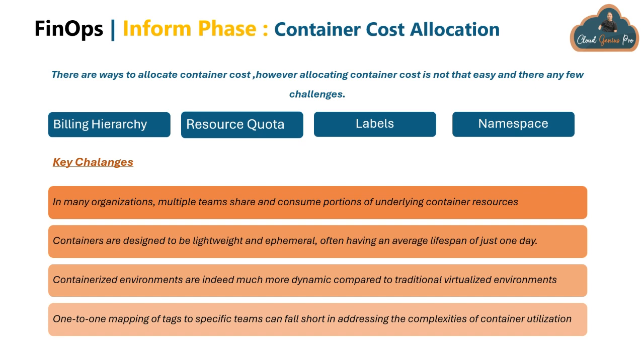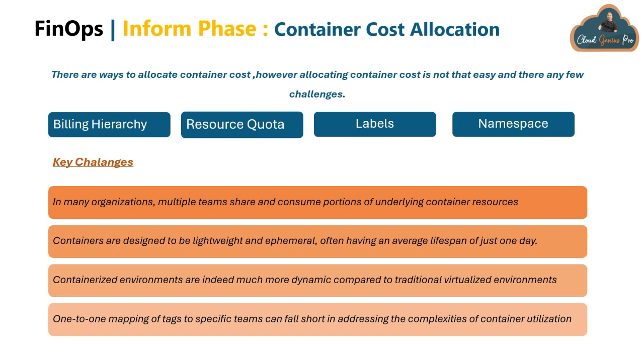Just as a recap, the nature of containerized infra is one of the key challenges, creating an obstacle to allocating its cost fairly between the different teams and to the right stakeholders. And another thing is that the container infra is shared between multiple teams, so you can treat it as shared infrastructure. So these are the key challenges.